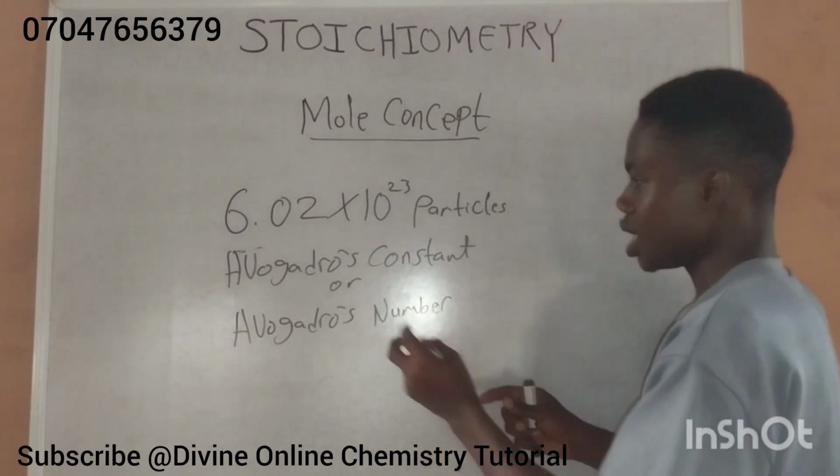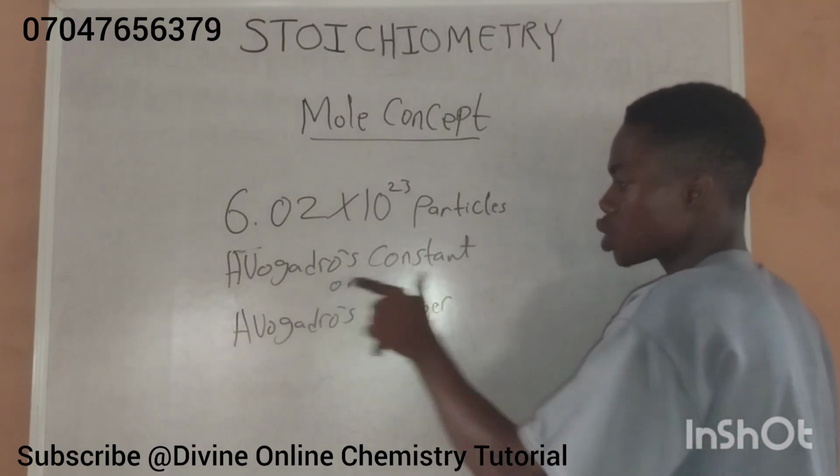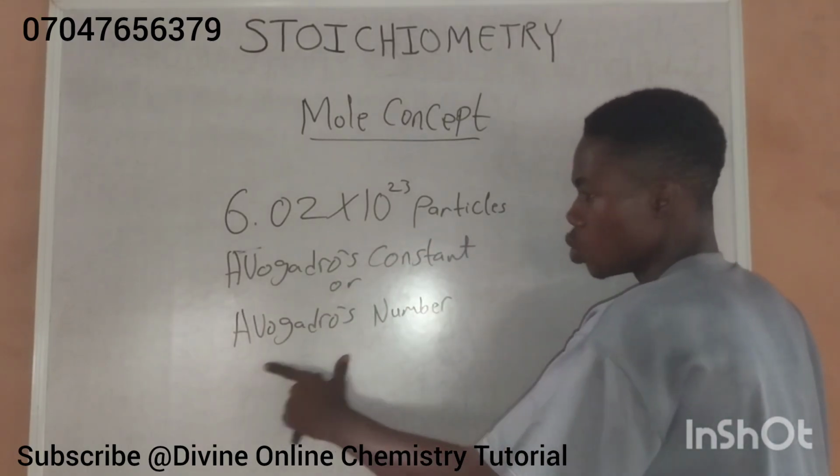So please take note that this 6.02 times 10 raised to the power 23 particles is known as Avogadro's constant or Avogadro's number.